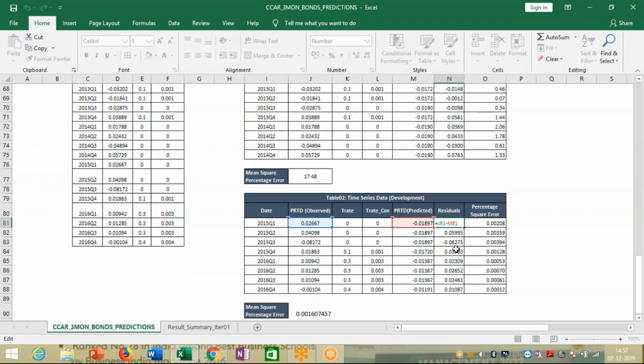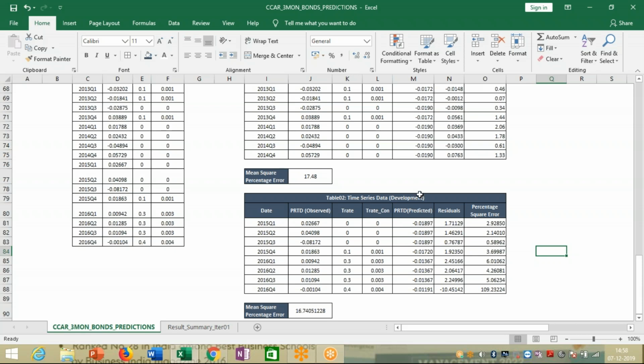So the residual here was the actual minus the predicted. What you get to see is that this is more or less similar. In the most recent out of time sample, the predictions are much closer.